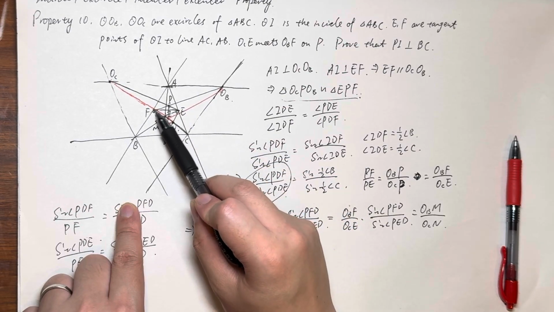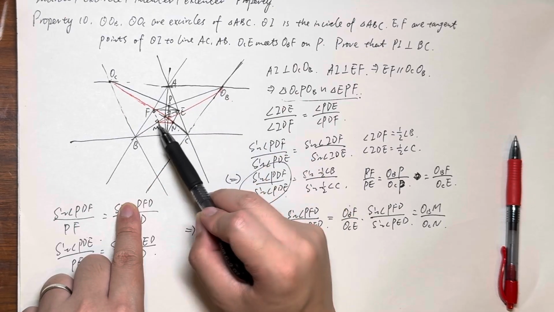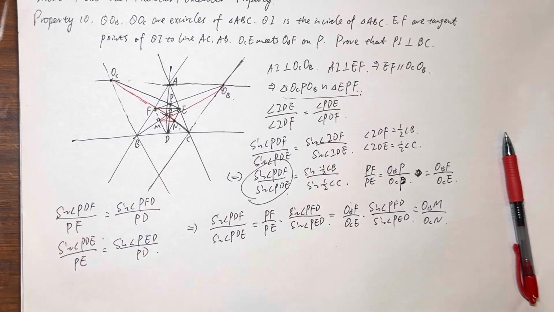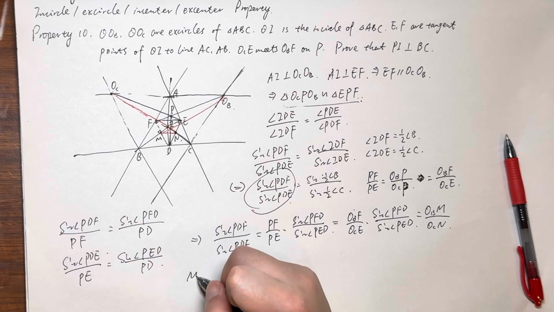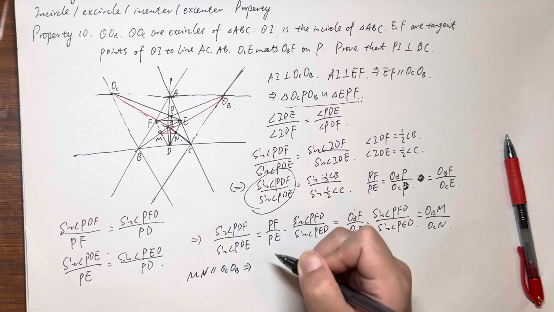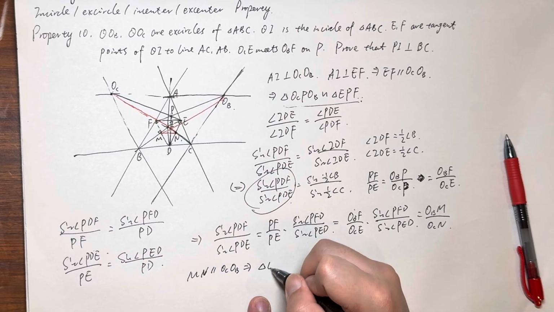And we already know that FE is parallel with O_CO_B, so we know that MN is parallel with O_CO_B, right?